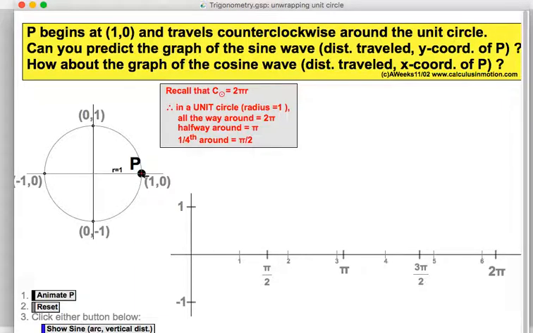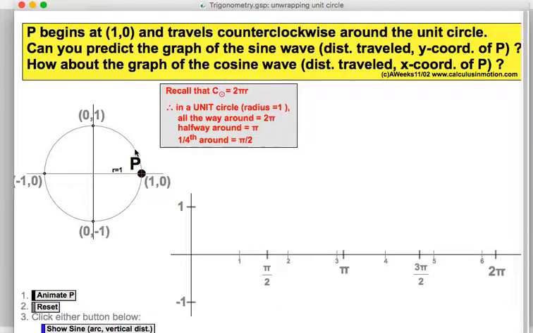So what's going to happen is, well, you remember how every coordinate has the first thing is cosine and the second thing is sine? We're going to start by graphing sine. So you're going to want to pay attention to the y coordinate.